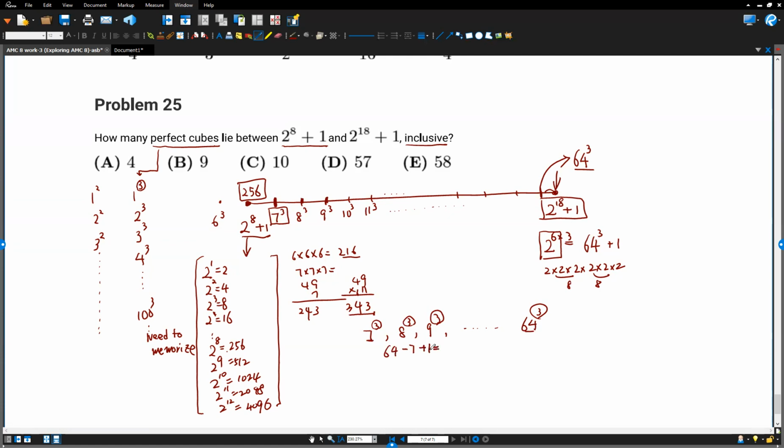So 57 plus 1 equals 58 numbers. We counted this. There will be 58 perfect cube numbers there. Any questions about this?